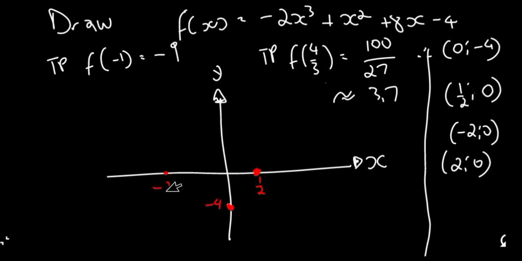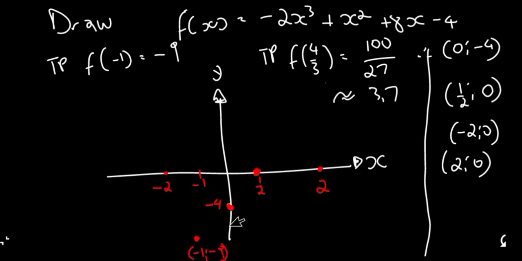So it's going to be -2. 2 is here, so it's going to be 2 here, and our turning point is (-1, -9). -9 is going to be somewhere here. So it's -1 here, and -9 will be somewhere here. The turning point will be somewhere here.